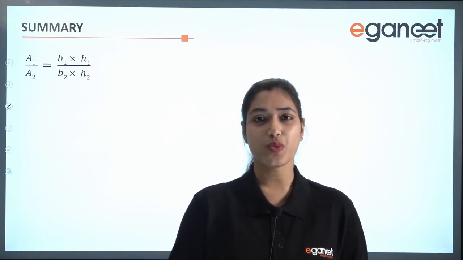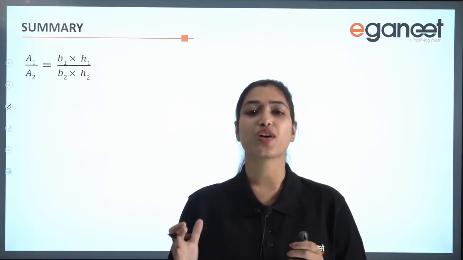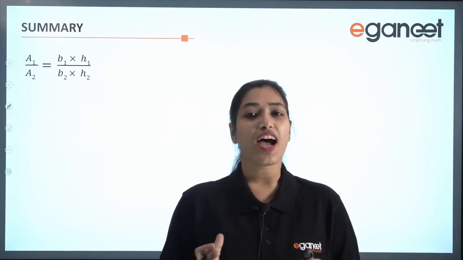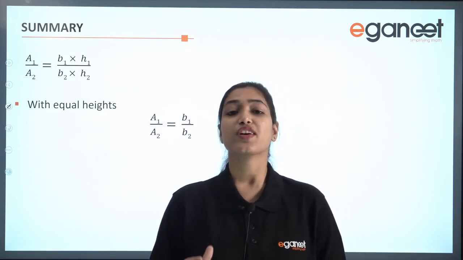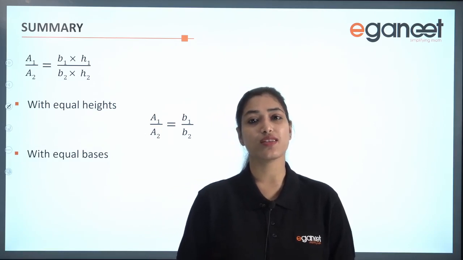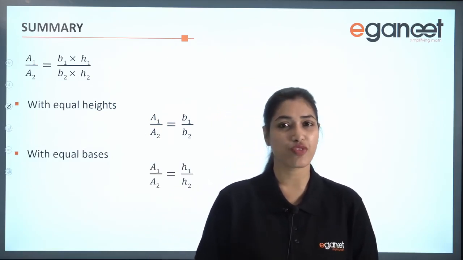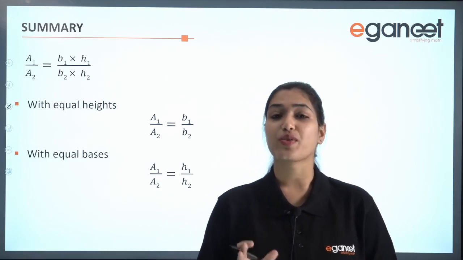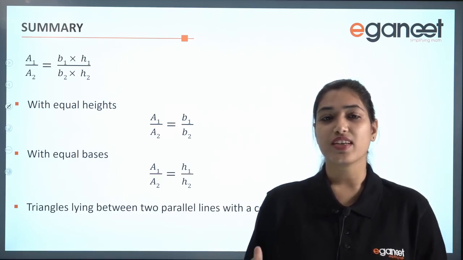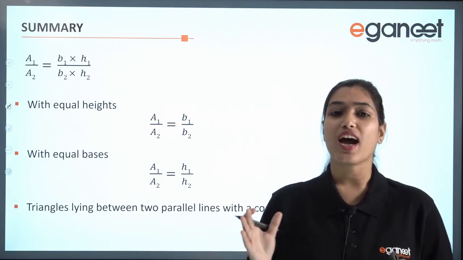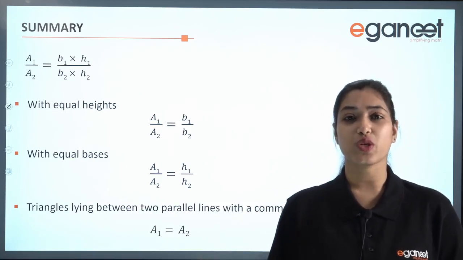When the heights are equal, then the ratio of areas of two triangles is equal to the ratio of corresponding bases, and when the bases are common in both the triangles, then the ratio of areas of two triangles is equal to the ratio of corresponding heights of the triangles. And when the triangles lie between two parallel lines having a common base, then the heights become equal and the areas of the two triangles will also be equal.